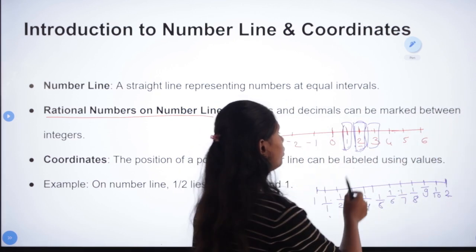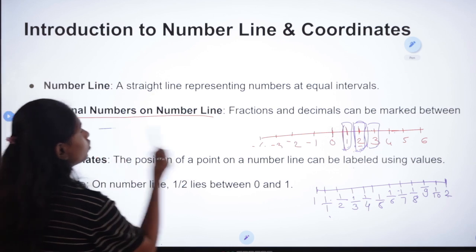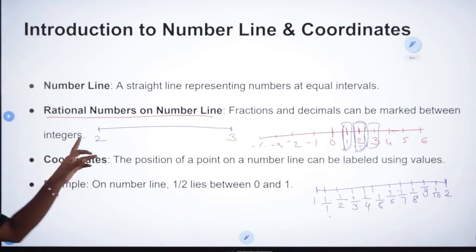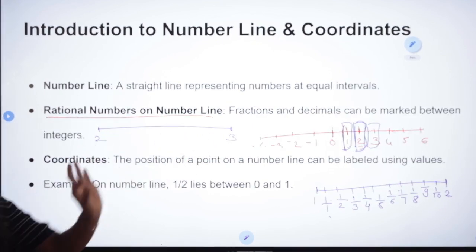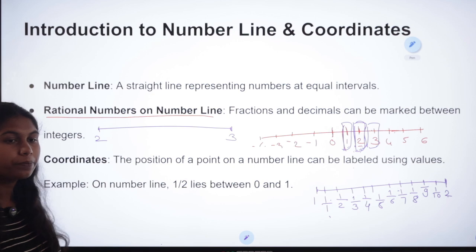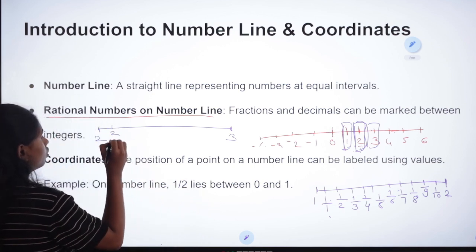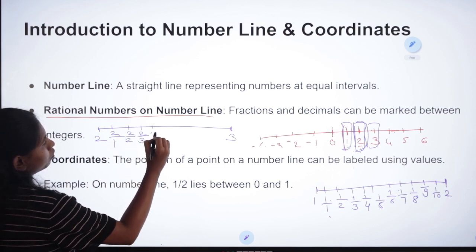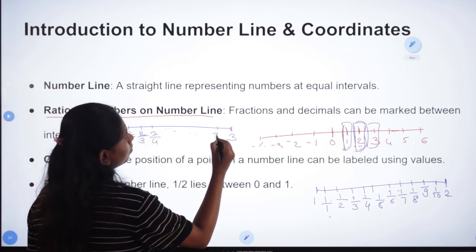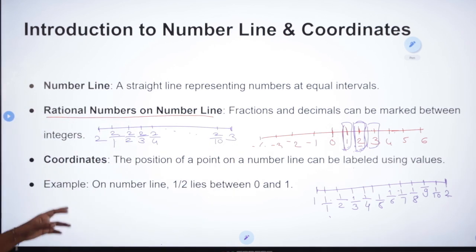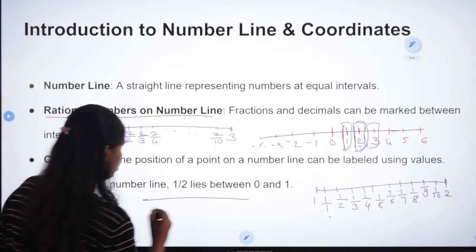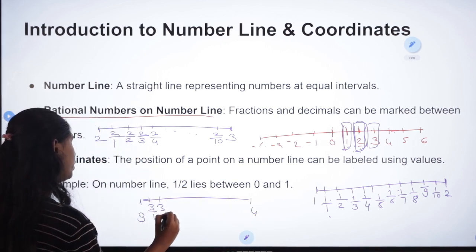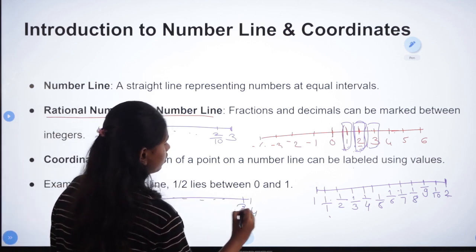In the same way, if you take 2 and 3, the numbers between 2 and 3 are all rational numbers, like 2 by 1, 2 by 2, 2 by 3, 2 by 4 up to 2 by 10. Then if you take 3 and 4, again 3 by 1, 3 by 2 up to 3 by 10.